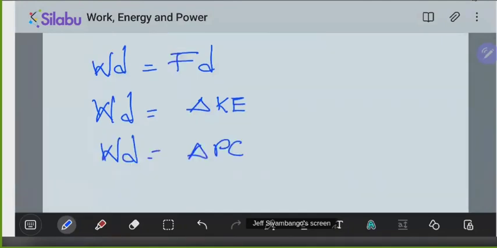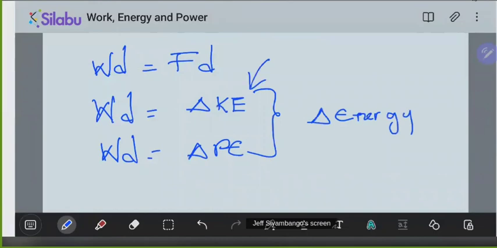But generally, what these two statements are, where they're coming from, is the fact that work done can be determined by looking at how much energy is changing, so the change in energy. But we ended up with just strictly change in KE and strictly change in PE. This is in an event where potential energy is not changing, and this is an event where kinetic energy is not changing. But generally, they're coming from just changing energy.